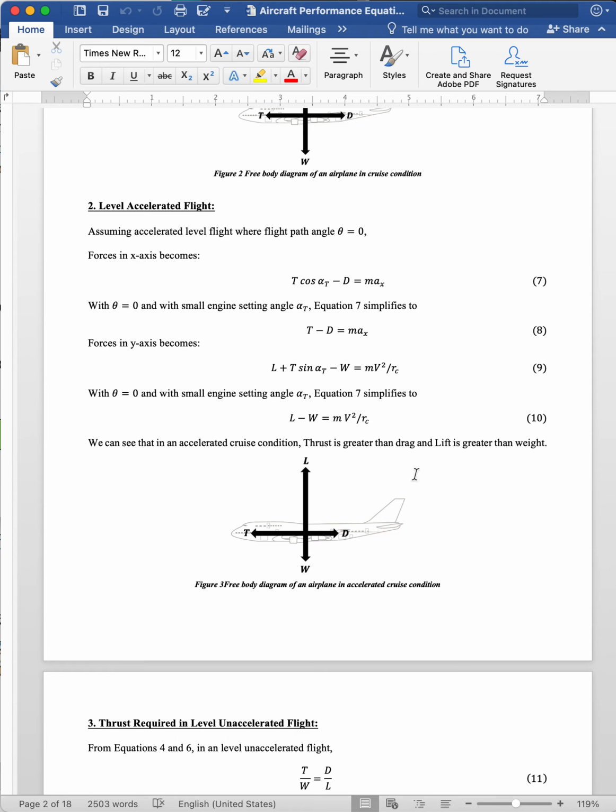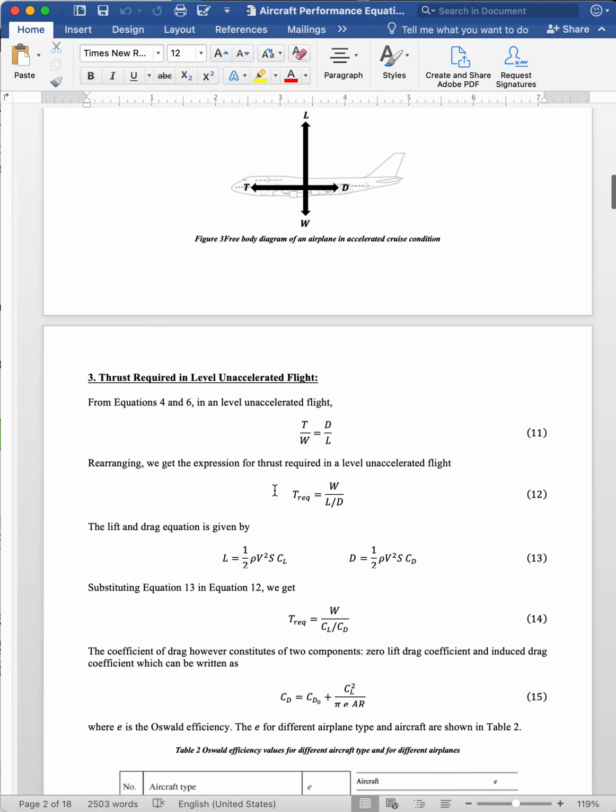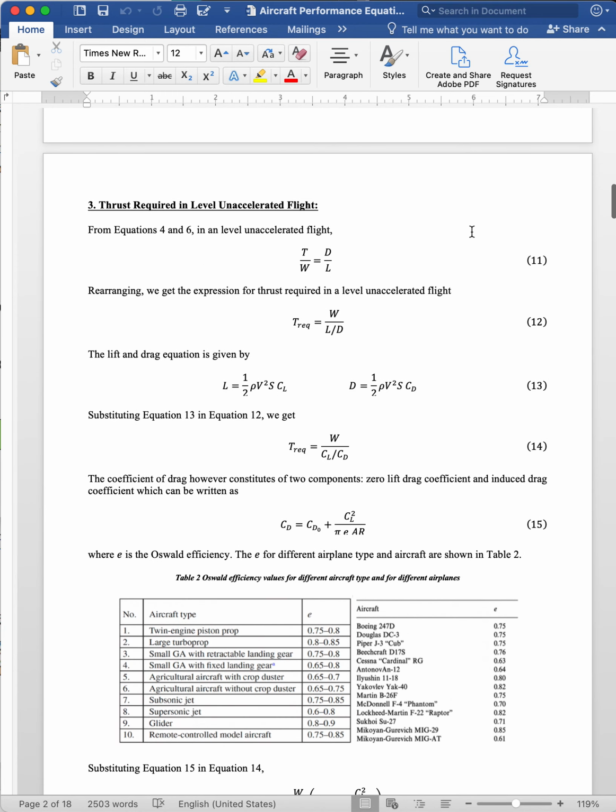So I'm going over an overview of this document, but if you go through each and every equation, it's pretty self-explanatory. Again, if you have any questions on this, please feel free to let me know. All right. So you have the thrust required in level and accelerated flight. This is very important because this is exactly why we need to look at performance.